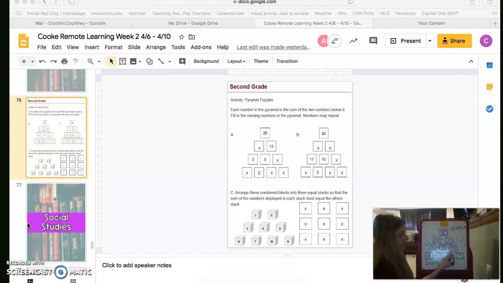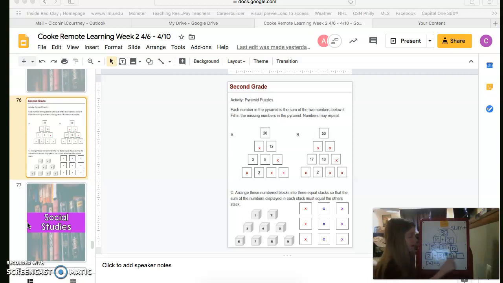Very good. All right, now I have 15 over on this side. Let's take my unknowns away. And now I need 2 numbers that equal 15. Thinking of my partners for the number 15. I'm going to start with the number 9.